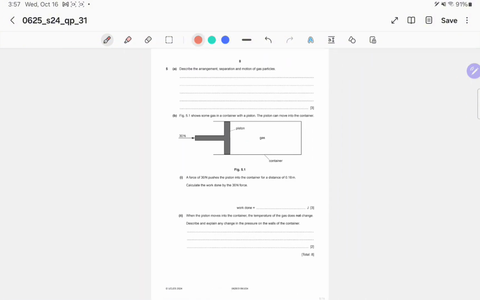Next question. Describe the arrangement, separation and motion of gas particles. On the arrangement, gas particles are widely spread compared to solid and liquid.